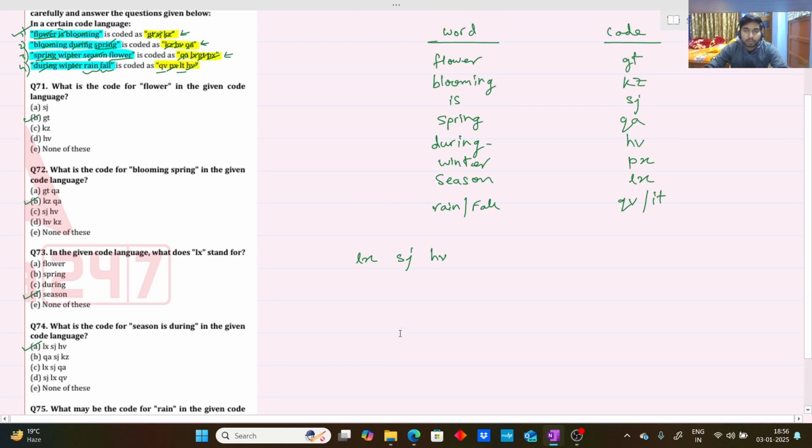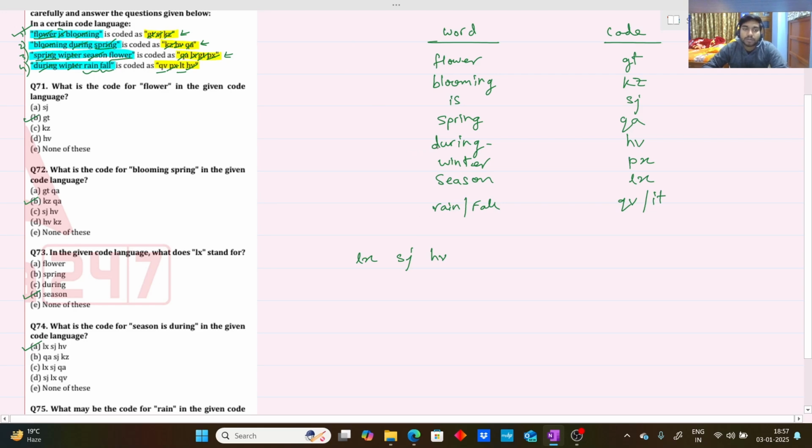So this is how you solve this type of questions. And in the examination, to save time, what you can do is start with the questions from the first. You may not be able to complete the full table.